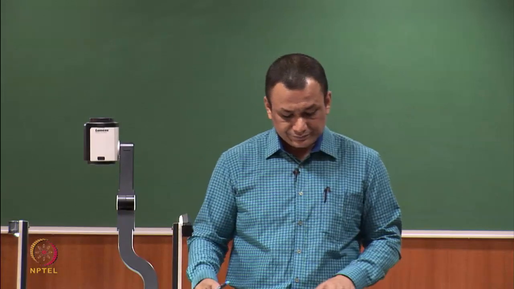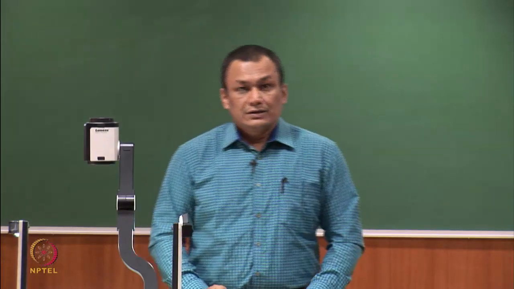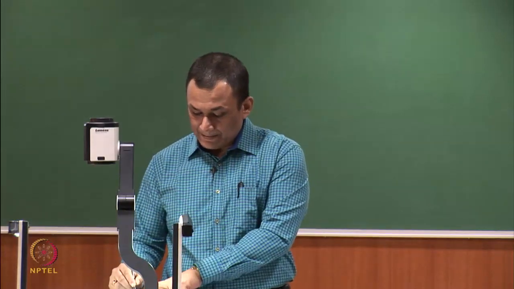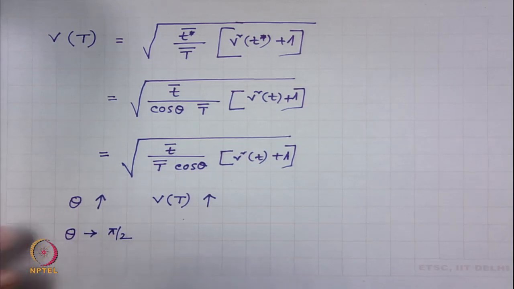Right? Further, what we see is that when theta tends to pi by 2, that means fibers are perpendicular to the axis of the sliver.